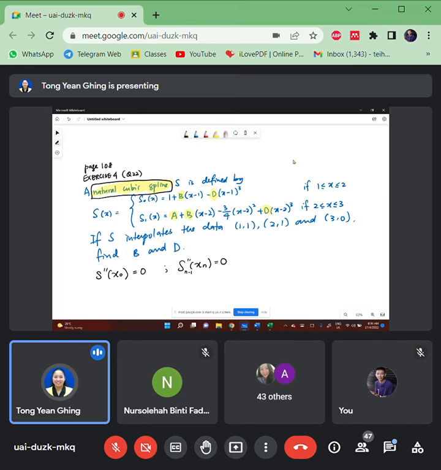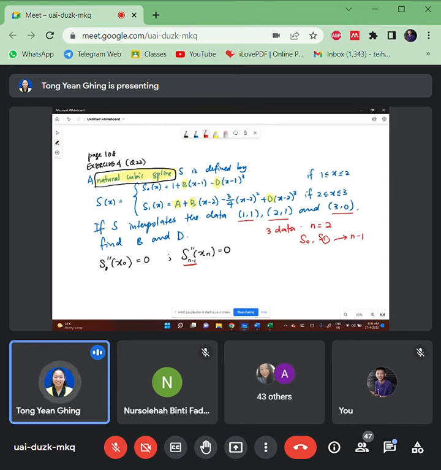So two functions, S0 and S1. And look at here, how many data points do we have? 1, 2, 3. Three data points. That means n is 2. So we only have the functions S0 and S1, because up to 1 is n minus 1.